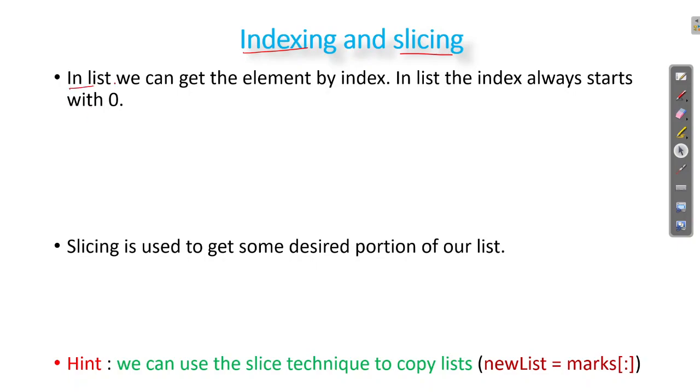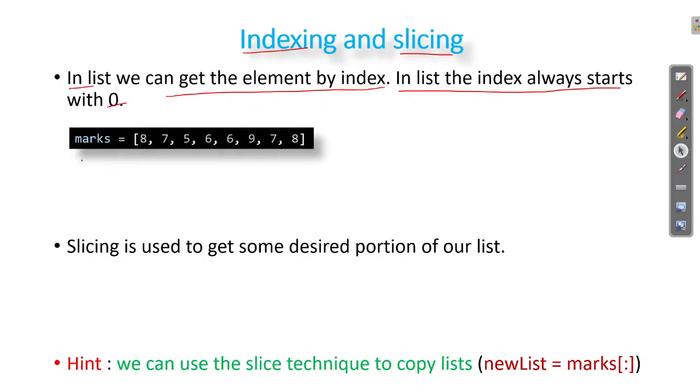So in a list we can get an element by index. Each list always starts with the index of 0. Let's understand this with an example. Suppose you have a marks list, with all the marks that we have got. What I mean by index is just the position inside that list, and that position starts with 0.